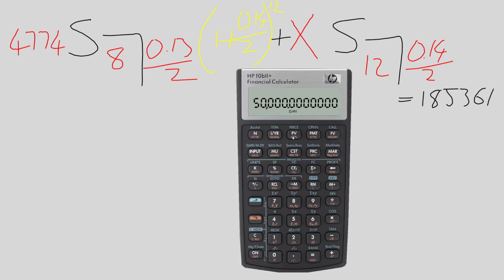Present value. 14% interest. Once per year. For 10 years, 0 payment, future value. So that's the 185,361 that we have as an answer. So that is the future value that he wants back.